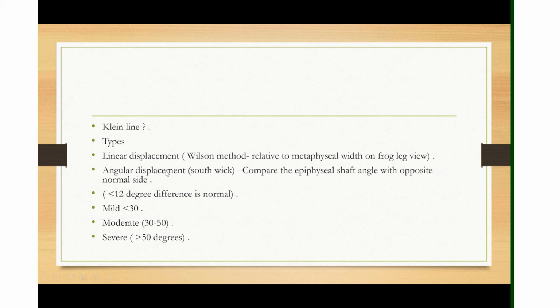Now, what are the types of displacement? There is something called linear displacement and there is angular displacement. If it is linear displacement, there is a method to assess how much is the epiphyseal slippage with respect to the width of the metaphysis on frog leg view.